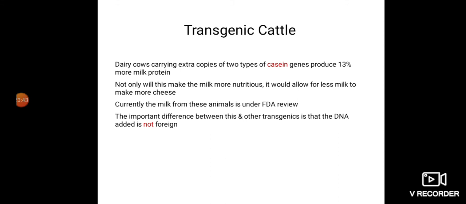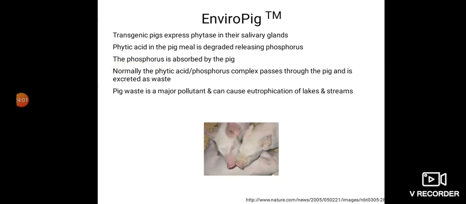Then we come to transgenic cattle, where they put extra copies of the casein gene to produce 13% more milk protein in the milk. Using the same methodology, they have produced the Enviropig, a pig which produces phytase in its salivary gland, so it can digest phytic acid.